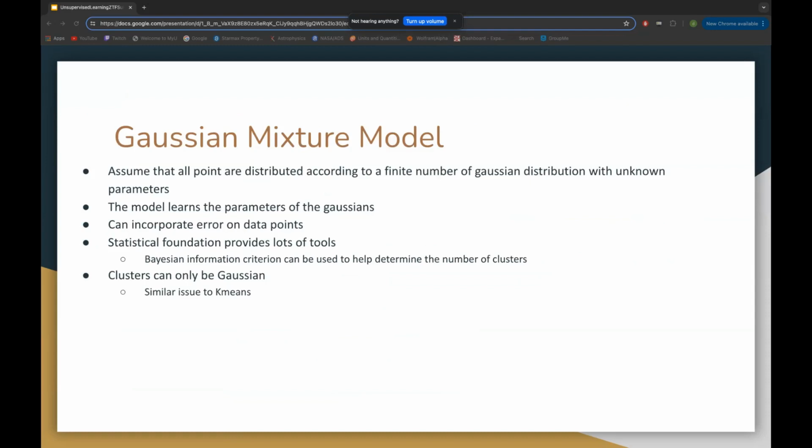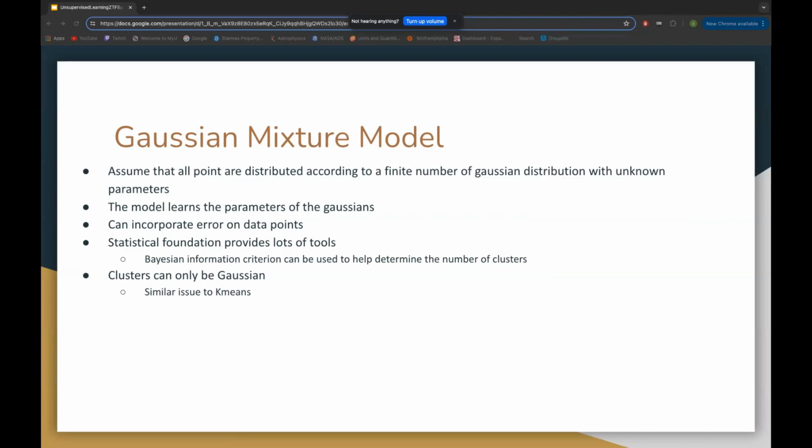Basically, you're asserting that the data is coming from a mixture of finitely many Gaussians, and you're just fitting, say, 5 Gaussians to your data. What's nice about this method is that in principle you can incorporate error, which k-means is really not able to do, as well as dbScan.